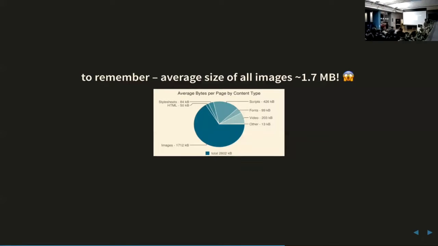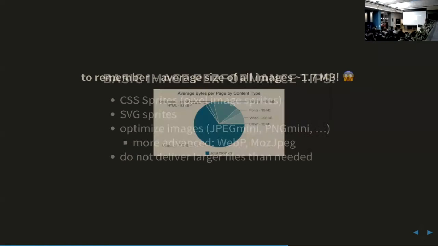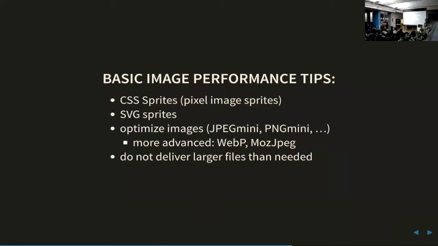And I know web design is now full of full screen hero images and so on, but we can do some compression or optimization to not serve too large images to browsers, with some basic image performance tips, and I think this is already known.